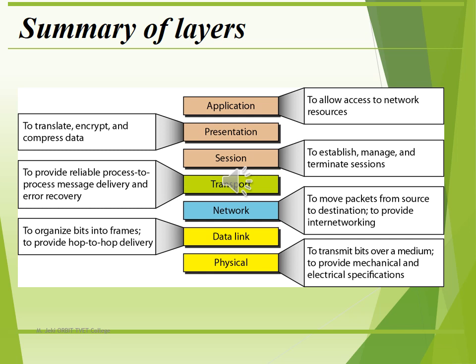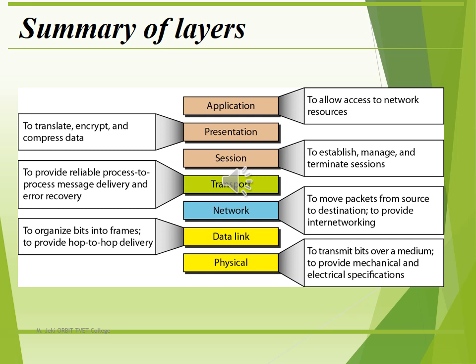We are now framing the bits so that they can be addressed in the network layer, because these packets or these frames must now be addressed so that they can be sent. The network layer moves packets from source to destination to provide internetworking. Remember, this is where we get our routers.